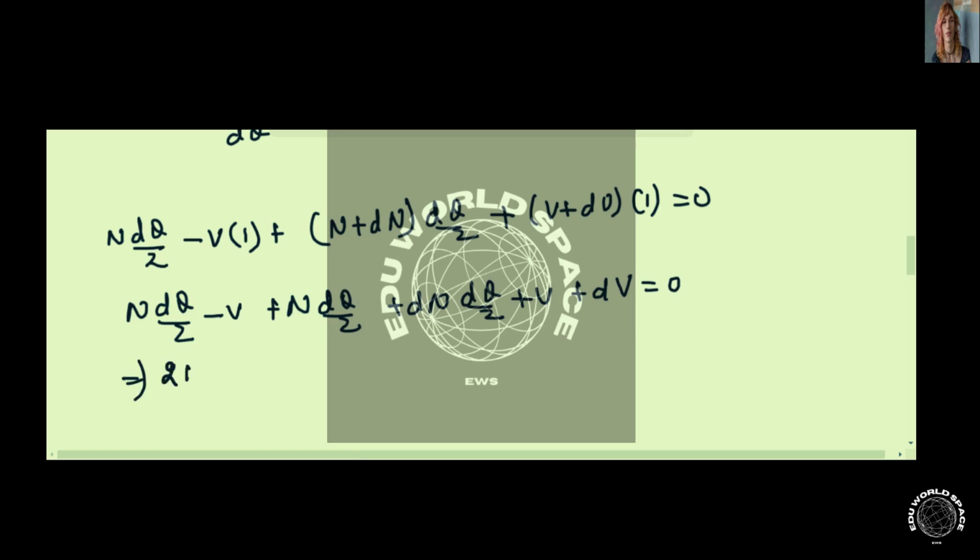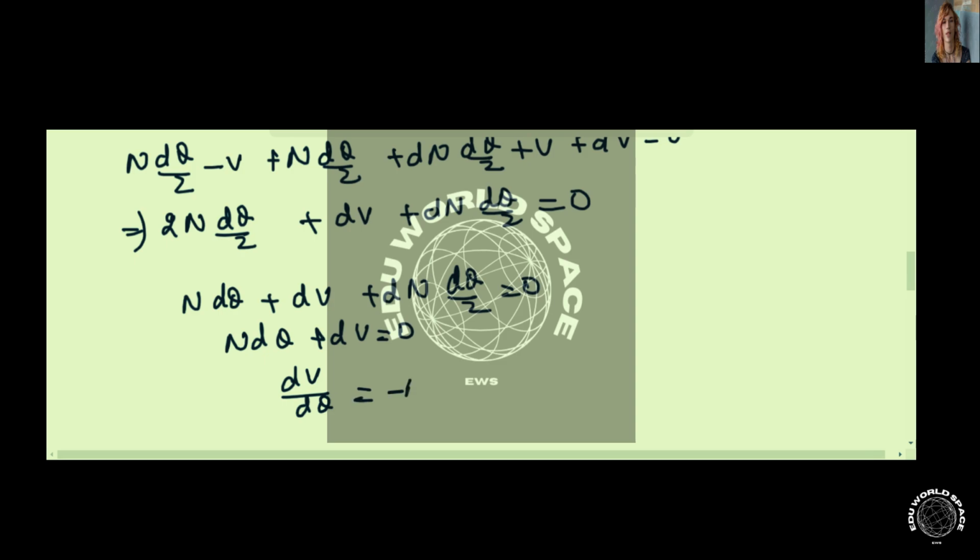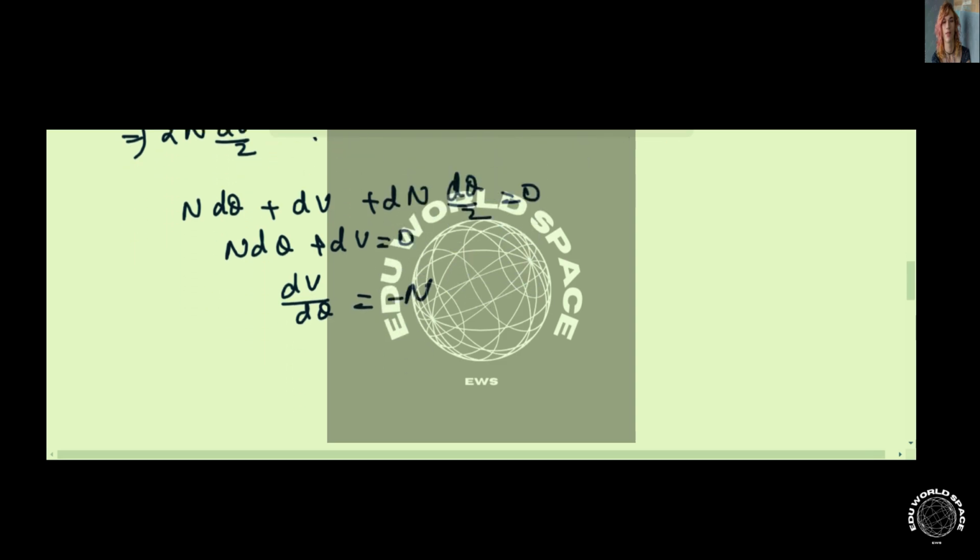This becomes twice N dθ/2 + dV + dN dθ/2 = 0, so N dθ + dV + dN dθ/2 = 0. Neglect second order terms. So this becomes N dθ + dV = 0. So dV/dθ equals −N. This is our required relation.